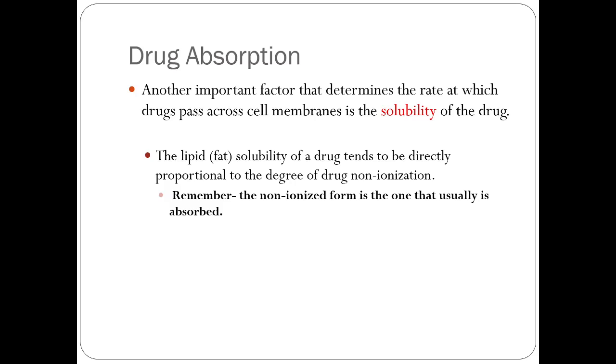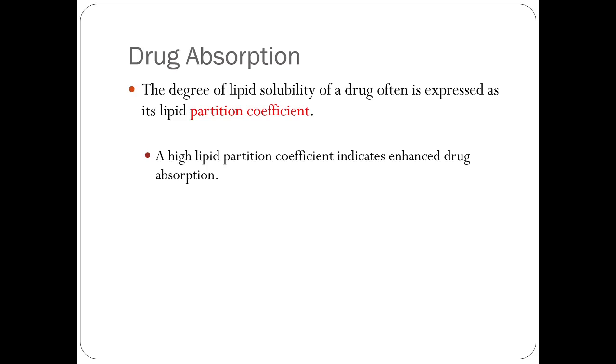Lipid soluble drugs are usually absorbed, and those two things go hand in hand. The degree of lipid solubility of a drug is often expressed as its lipid partition coefficient. A high lipid partition coefficient indicates enhanced drug absorption. So a drug that is highly lipid soluble has a high lipid partition coefficient. It is also likely non-ionized.